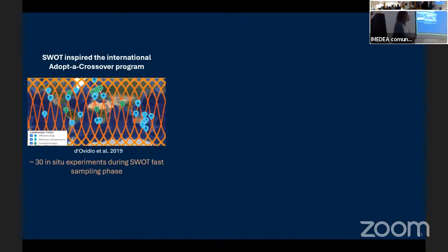And also during this validation phase, SWOT inspired the International Adopt the Crossover program. And within this initiative, we had more than 30 in-situ experiments around the world aimed to validate SWOT data and to assess its performance.